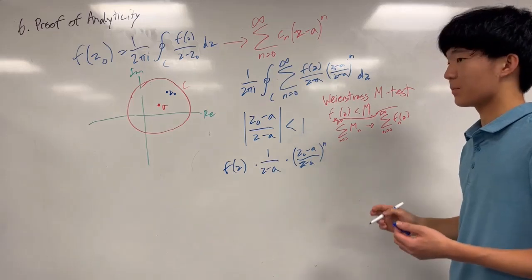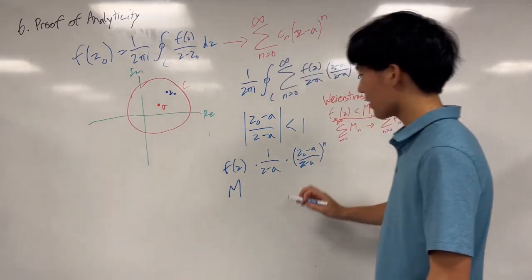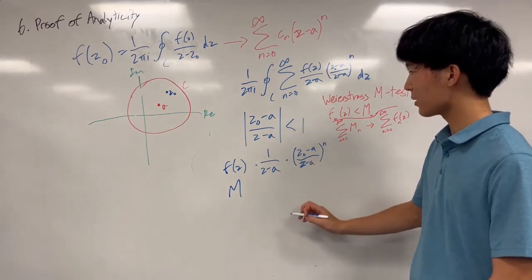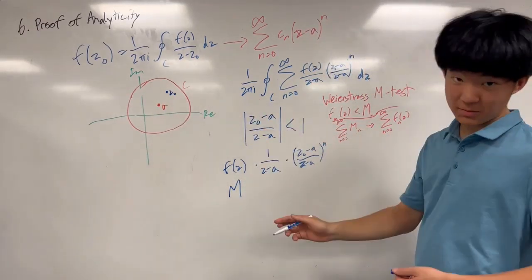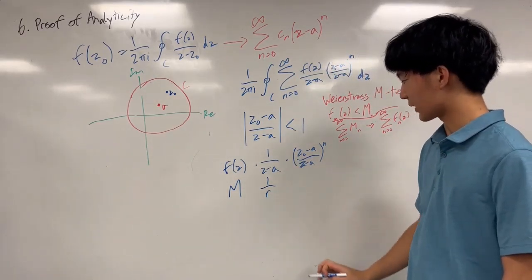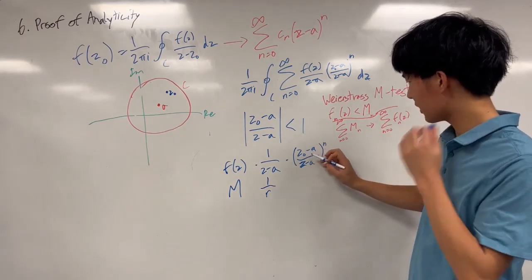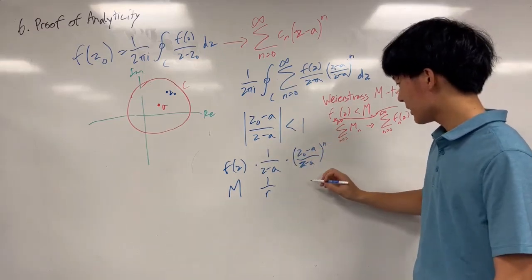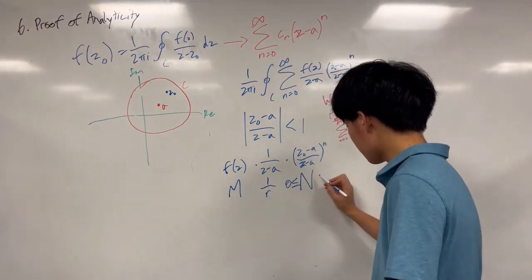So we'll call this value, even though it's a little confusing, M. So |f of z| has to be less than some finite value M. 1 over |z minus a| is simply 1 over the radius of this contour C, which, very visibly, is finite. So this is equal, strictly, to 1 over r. And then here, because we just proved that the ratio has to be less than 1, this is bounded by some value N that is greater than or equal to 0, but less than 1.